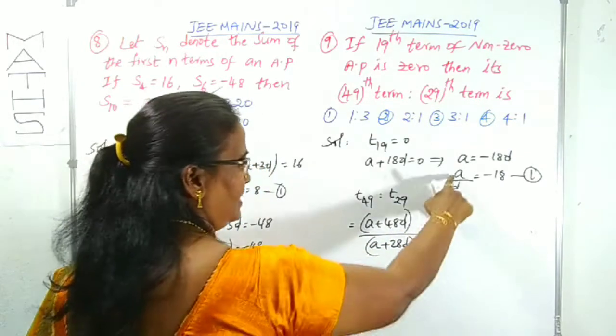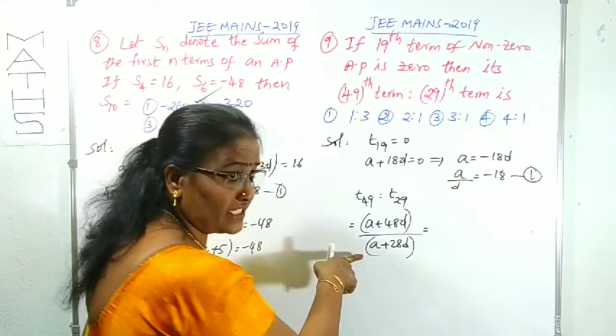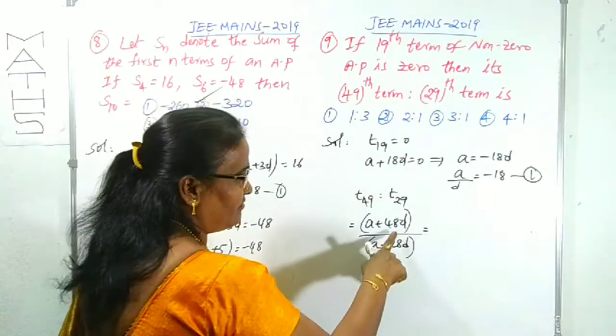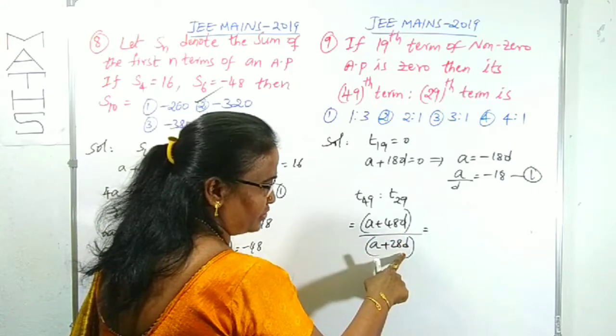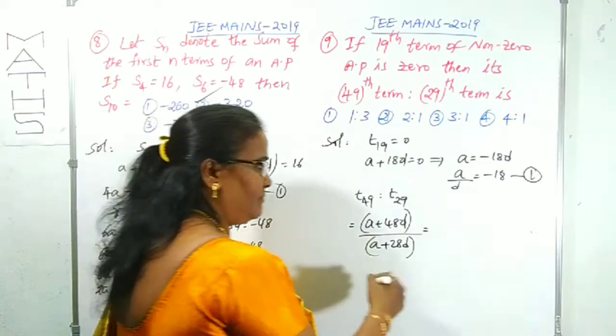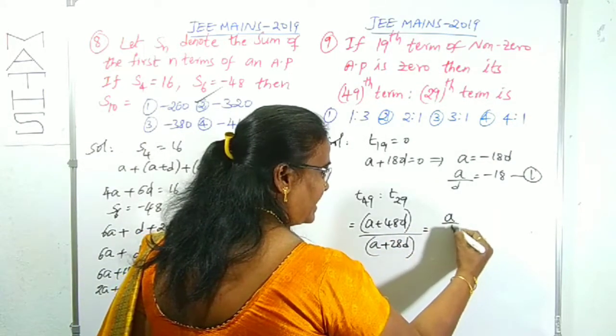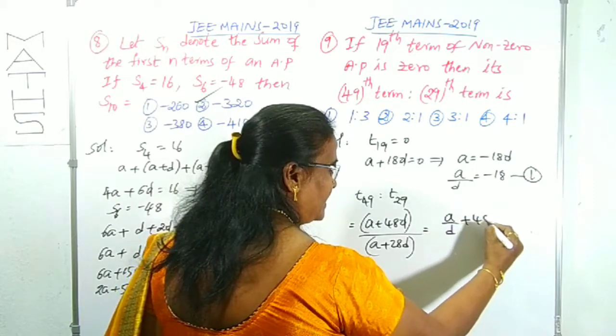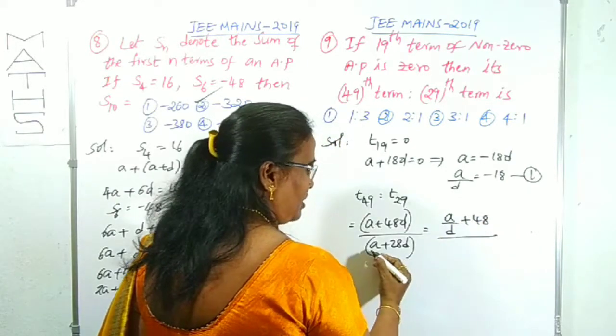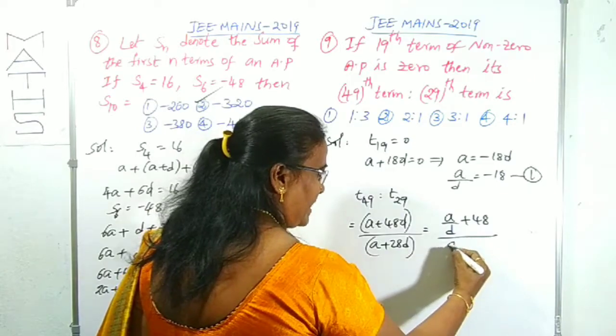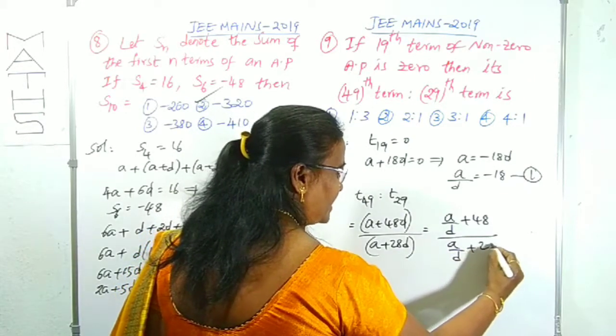Now we can use this result. To use it, we reduce this in the form of a by d. For that we take d common from the numerator and denominator. It cancels. The numerator becomes a by d plus 48, and the denominator becomes a by d plus 28.